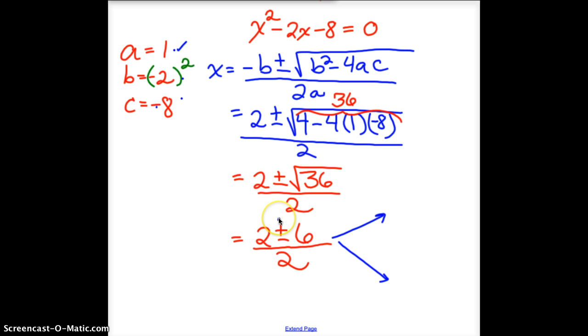I add on one branch and I subtract on the other. So I do 2 plus 6 on this path, giving me an 8 over 2, which is 4. And then I do 2 minus 6 on this path, giving me a negative 4 over 2, which is a negative 2. And these are my two solutions.